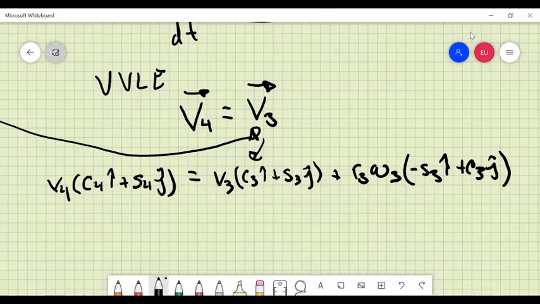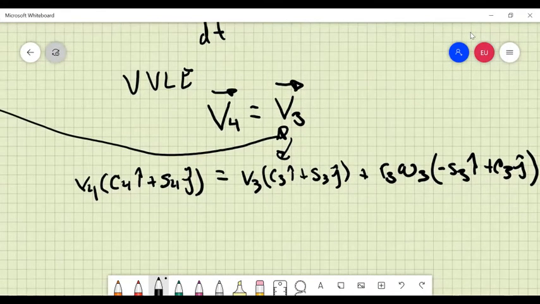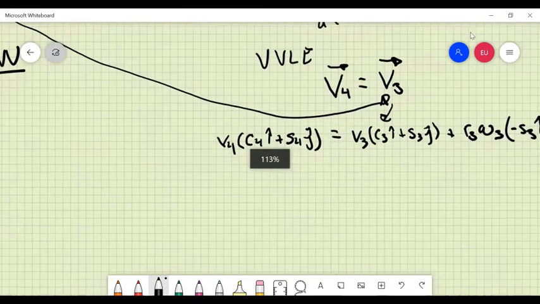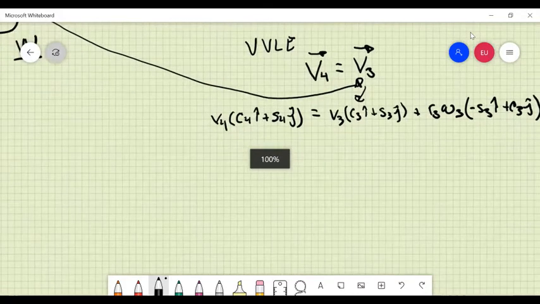Okay. Now let's check what I know and what I don't know. Right? And let's identify the unknowns and try to solve this system of equations. So what about theta 4?